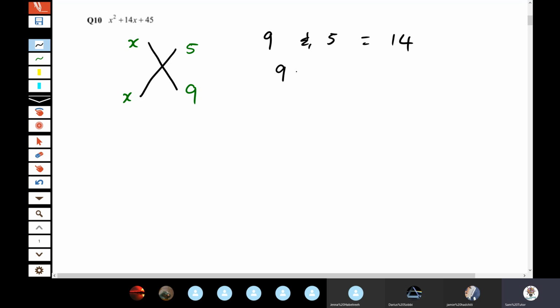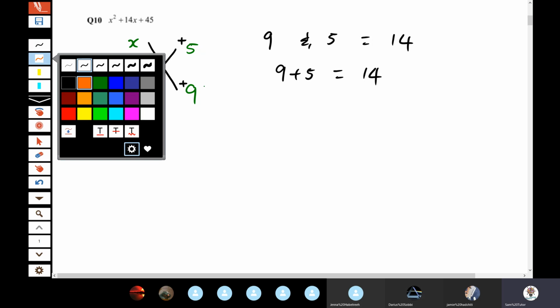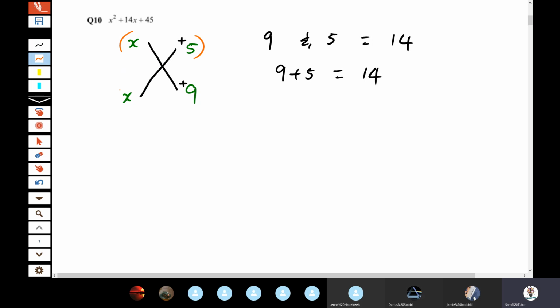By adding. 9 plus 5 is actually 14, isn't it? So then what you'll do after that is put an addition sign in front of them. And then the answer is just this in brackets. So the answer is x plus what? 5. Yep, close bracket, and then another one, x plus 9. That's it.